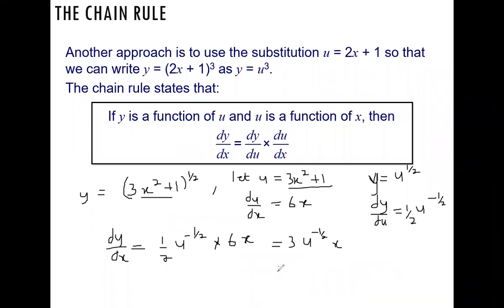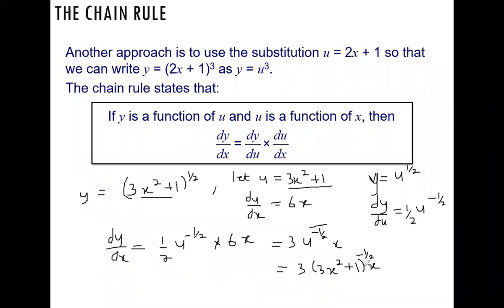So when we substitute that in, we'll get 3 times (3x squared plus 1), okay, times x, right? But there is a power here, so we have to put it there. So that's raised to the power minus half, okay, good.